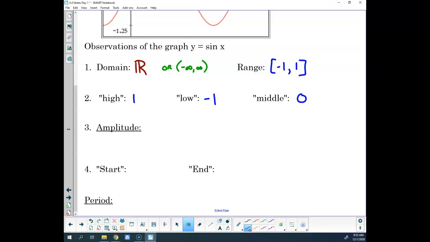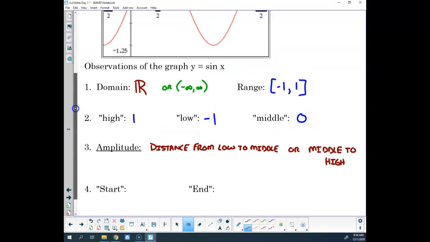How we find it is the distance from the low to the middle, or the middle to the high point. So that's the amplitude.